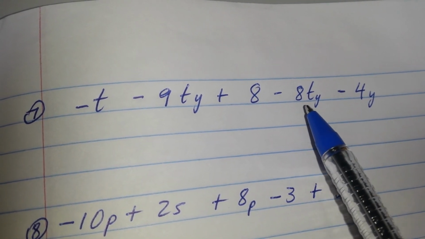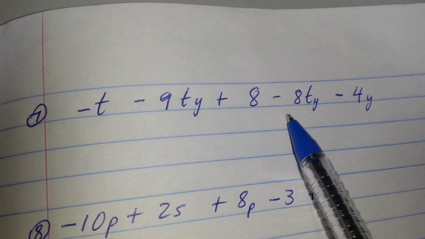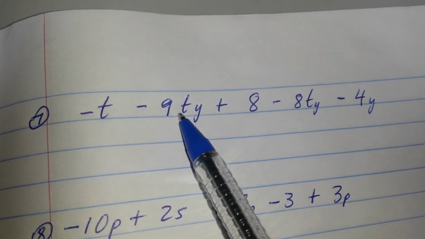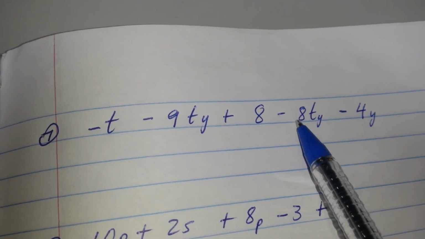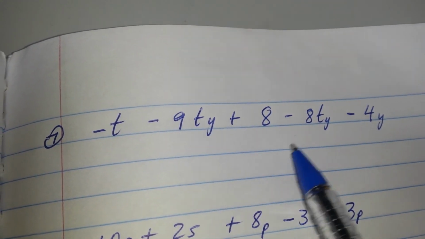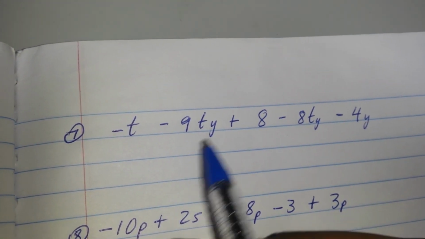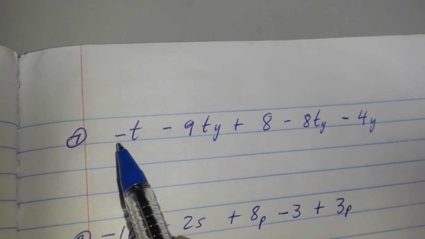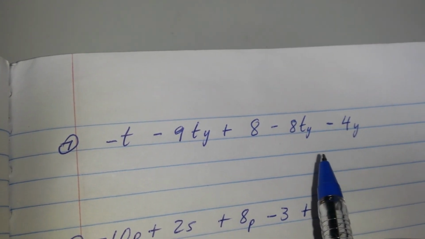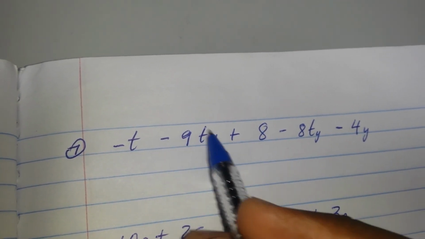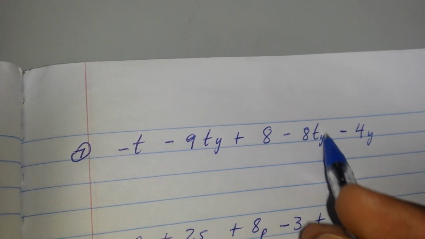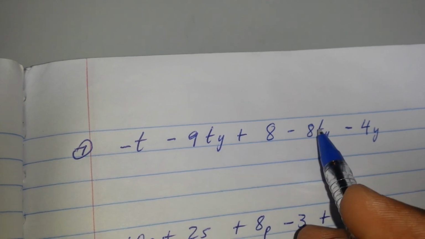Strange. Okay. Actually, there are only two like terms I'm seeing. You all with me? The minus 9ty and the minus 8ty are the only like terms I'm seeing in this expression, because the minus t, we don't have any. The only two terms that have the same exact variables, you know.